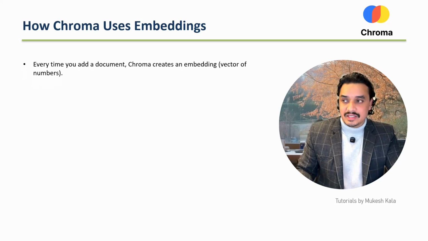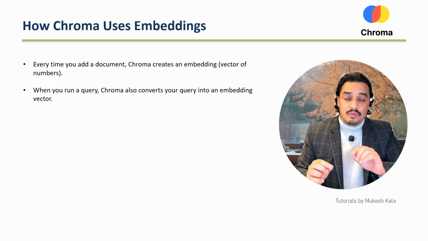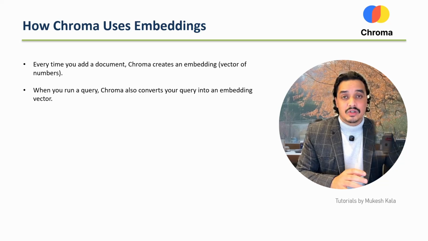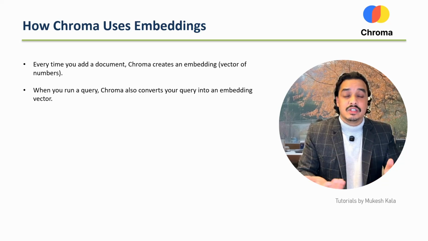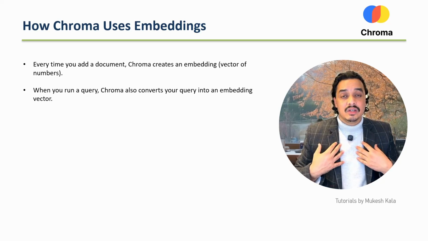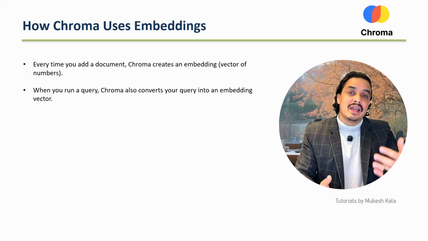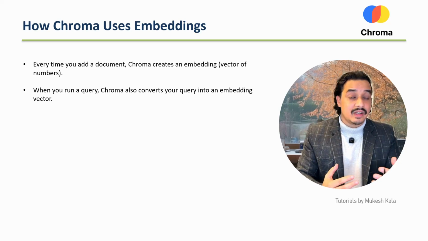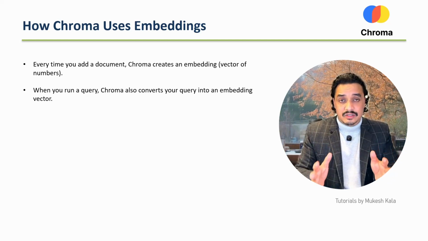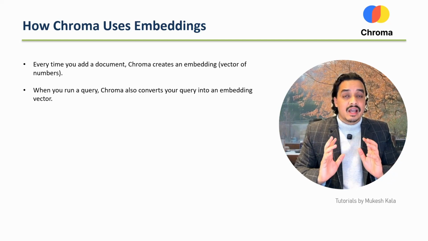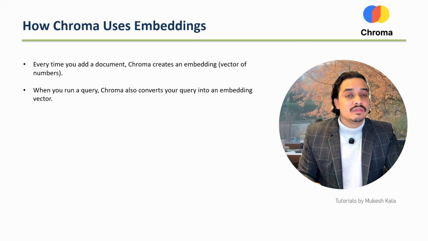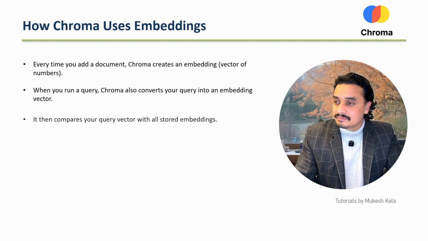Now, when I run a query, like tell me all the vehicles that run on petrol, or tell me the vehicles that have fuel equal to diesel, Chroma converts my query also into embedding vectors. So when I added the data, every piece of data was converted to numbers, that's where the vector comes from, and when I ask a query, that query is also converted into embedding vectors.